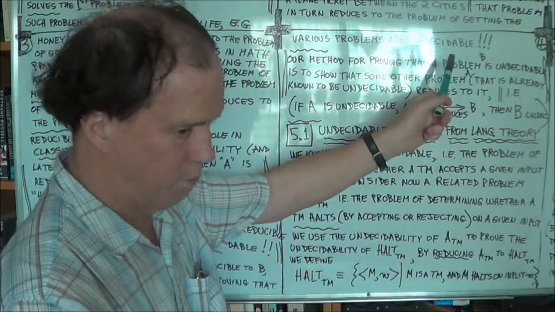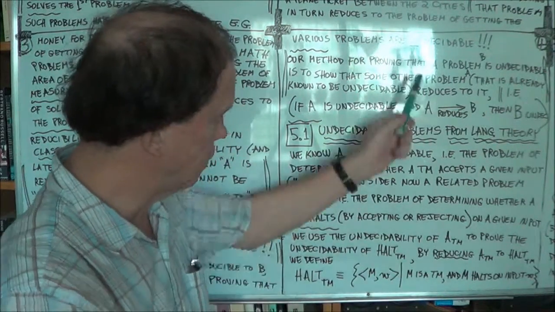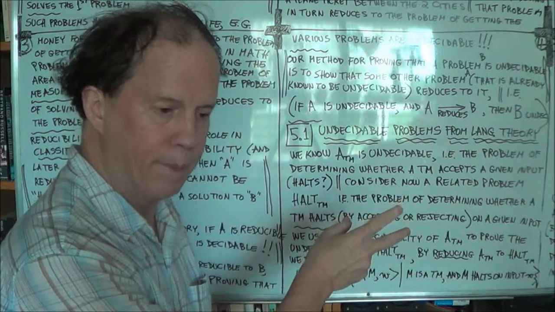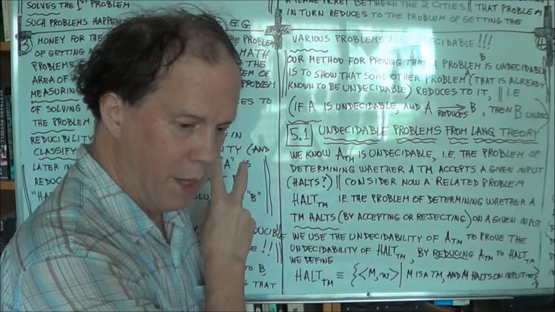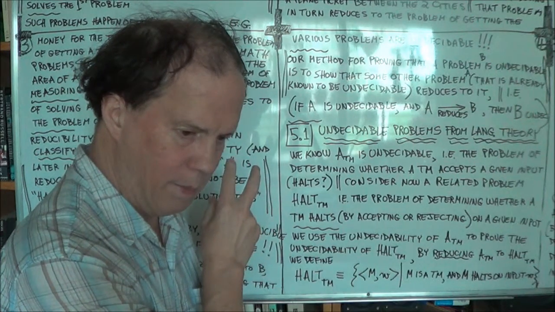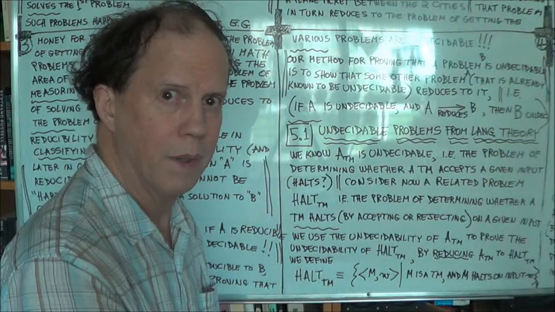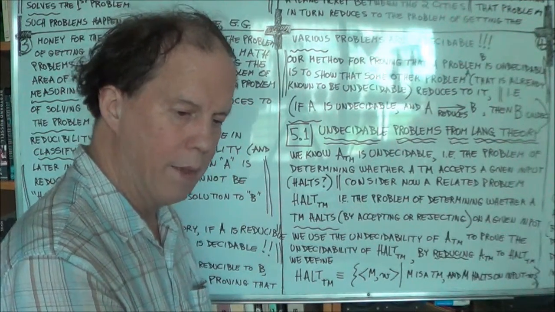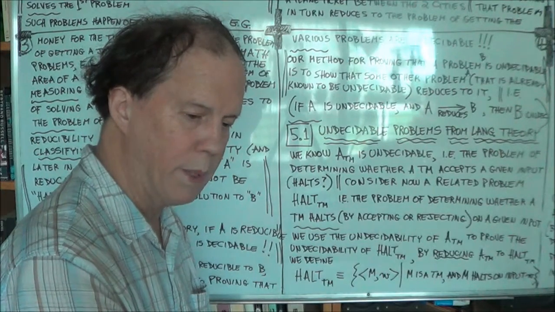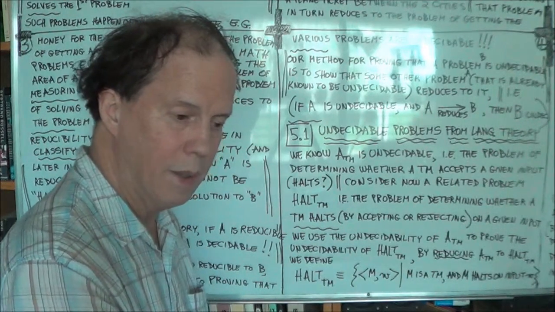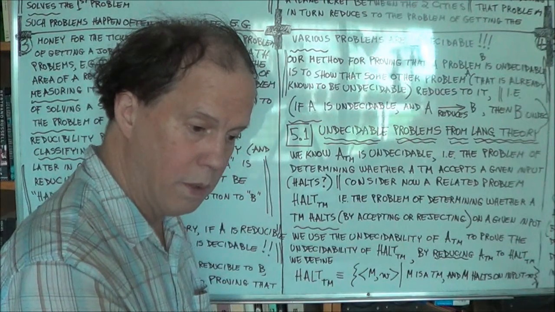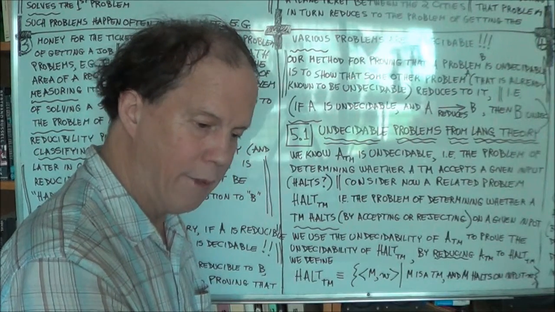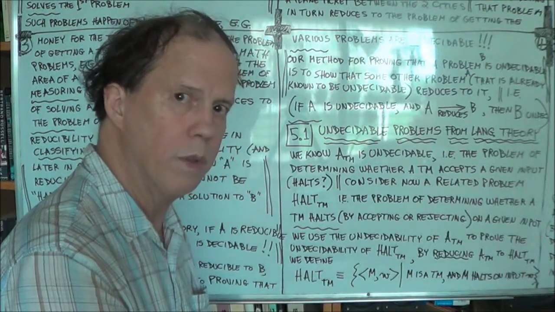So you reduce problem A to problem B, and problem A you know is undecidable. Therefore, problem B is undecidable. So if you want to prove that problem B is undecidable, then you find some undecidable problem A and have it be reduced to B.